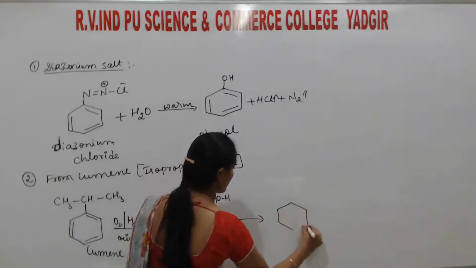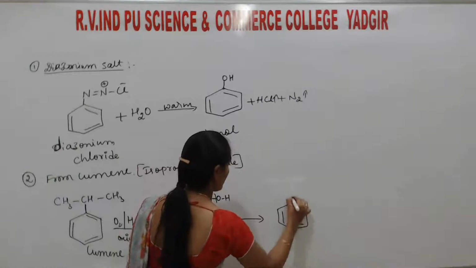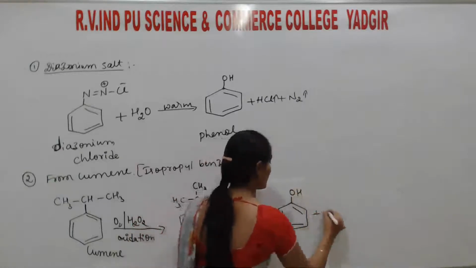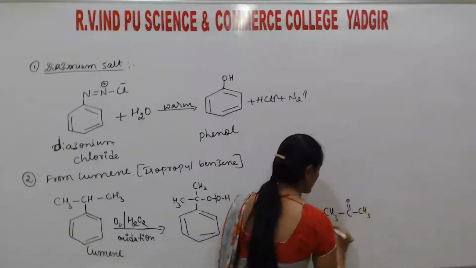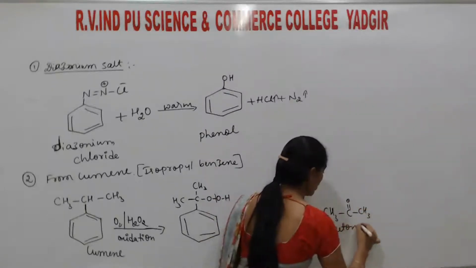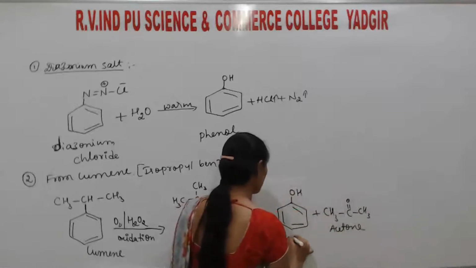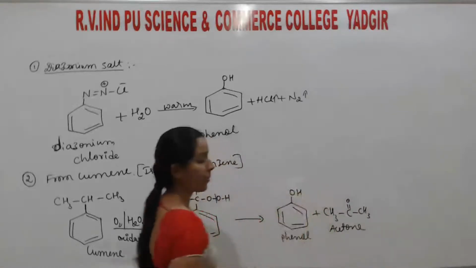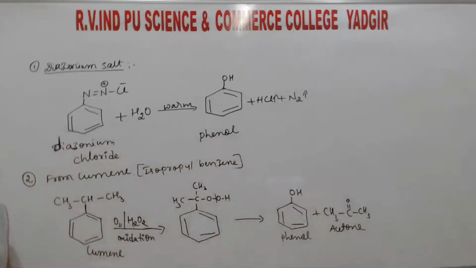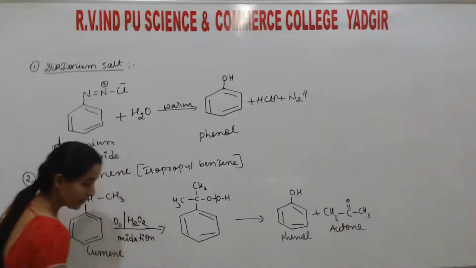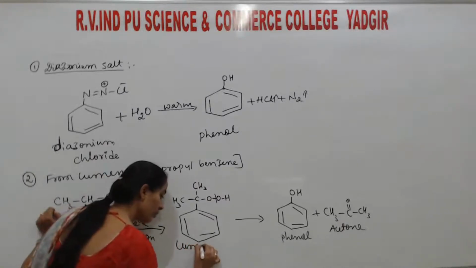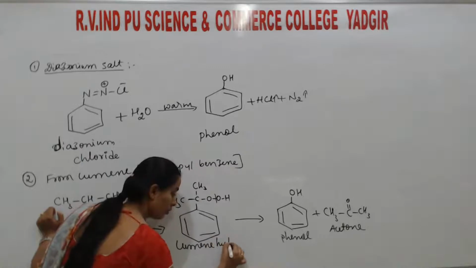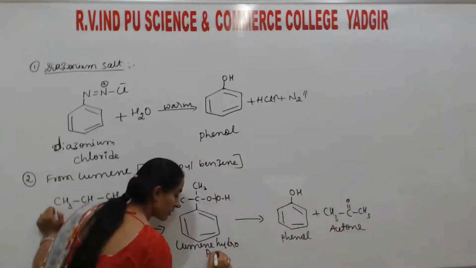So then benzene ring with OH plus CH3, C double bond O, CH3. This is acetone. This is phenol. So this is a preparation of phenol from cumene. So this one is cumene hydroperoxide.